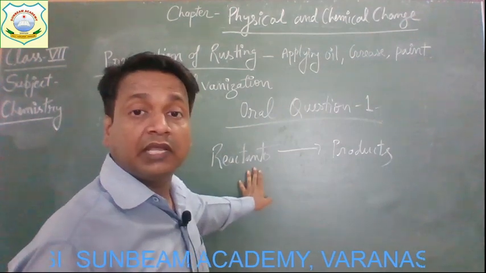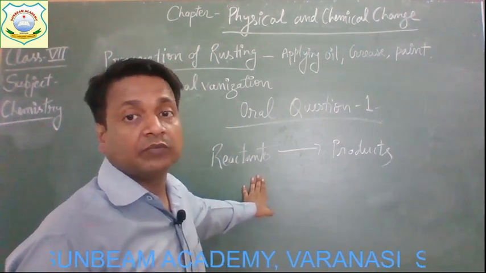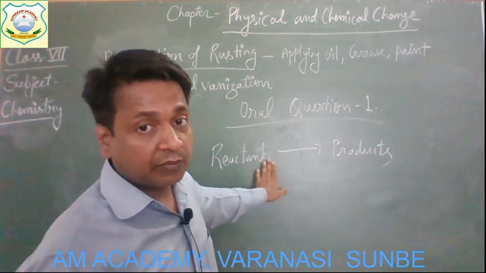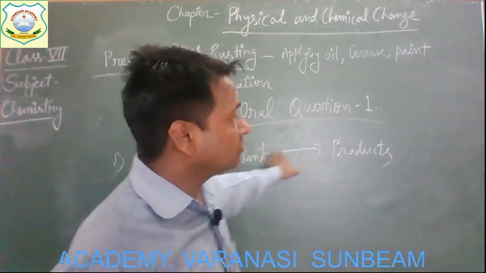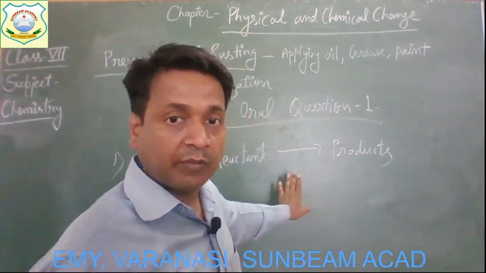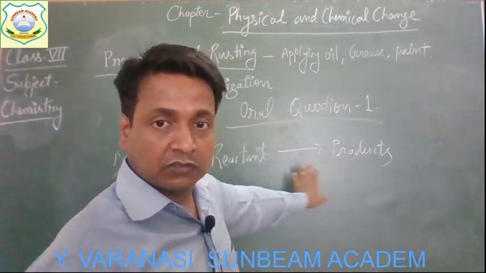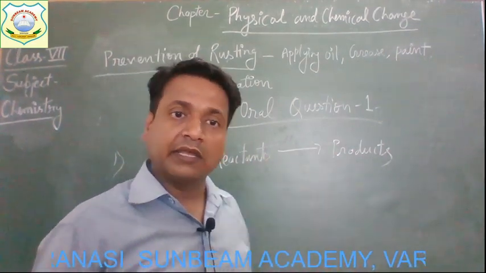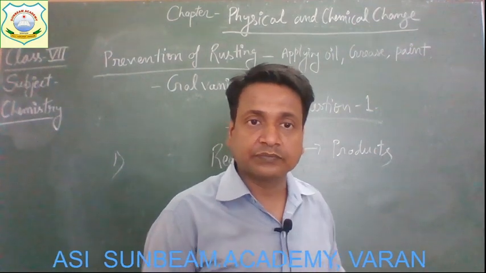This happens only in chemical change, because the reactants are the original substances, and after a chemical reaction, they form the new substances that are products. So, in physical changes, such change of reactants to products does not occur, and this occurs only in chemical change. Okay.